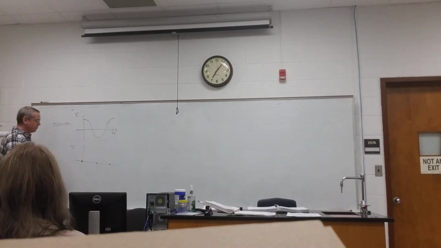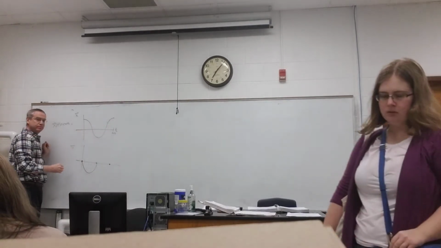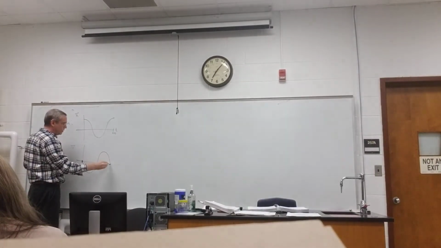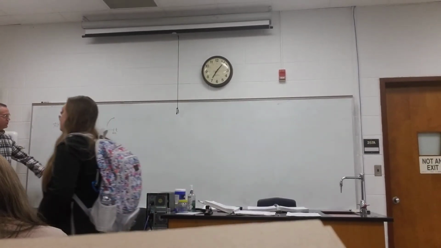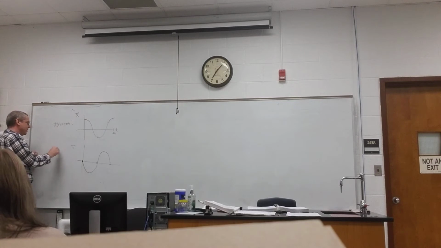Negative. All right, and so I know it's 0 here and here, so basically it's going to look something like that. And then from here to here. And what is this graph? Close? Yes.